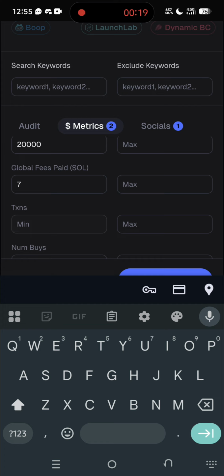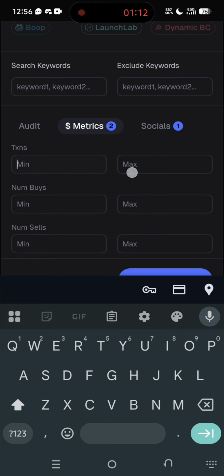If we have like 200k volume and the global fee is below 10, that token does not have too many traders, which means it can be a group of people just manipulating it to create volume so that people can buy and they will dump. But once it has over 200,000 volume and a global fee above 10, it means people are really trading this token. The global fee helps you to identify scam tokens. So the minimum global fee is 7.